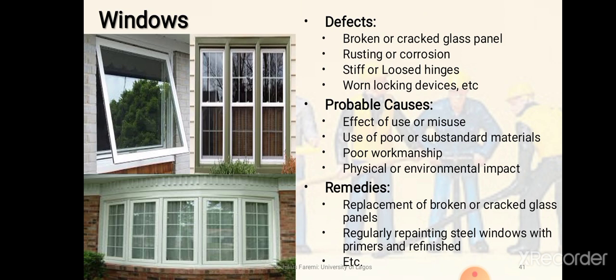Also, a window with heavy impact or mechanical impact, for example, the slamming or jamming of windows, could result in cracked or broken glass panels within the window element.